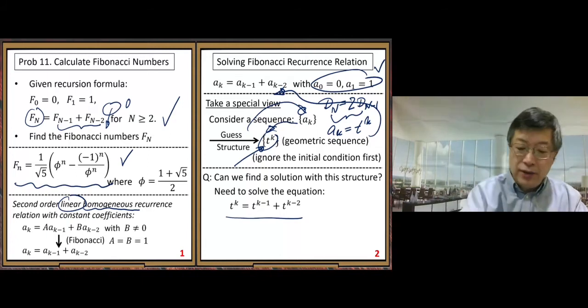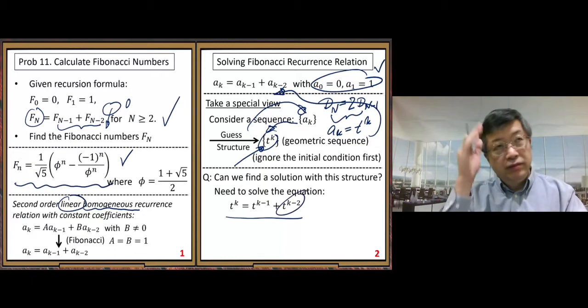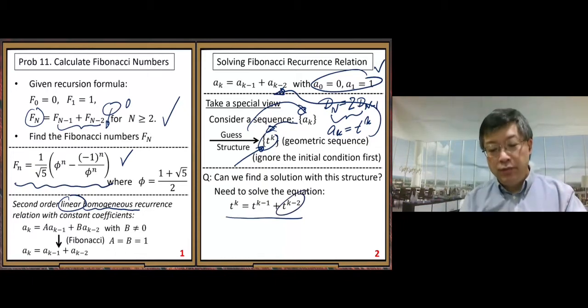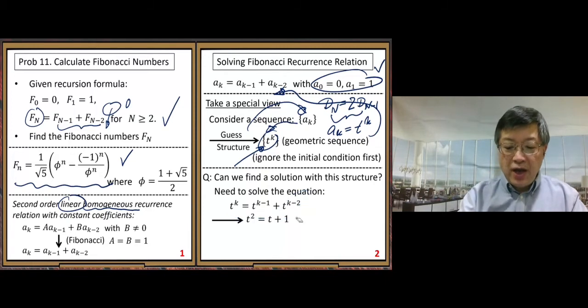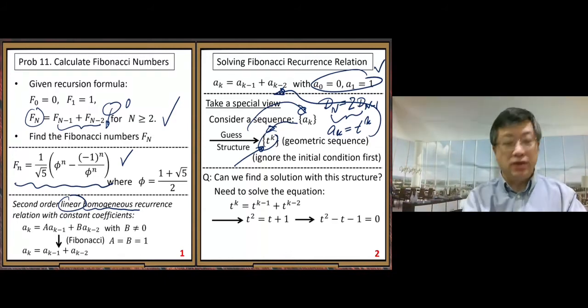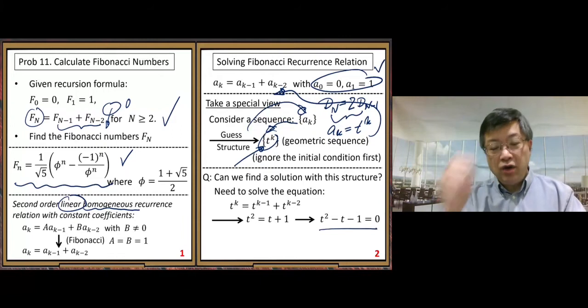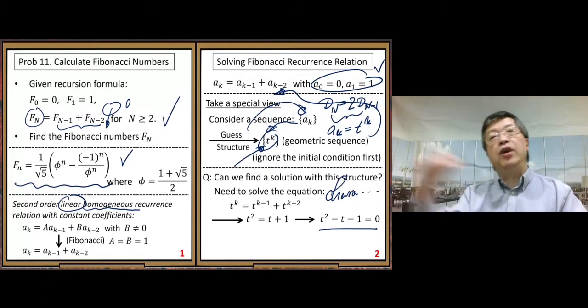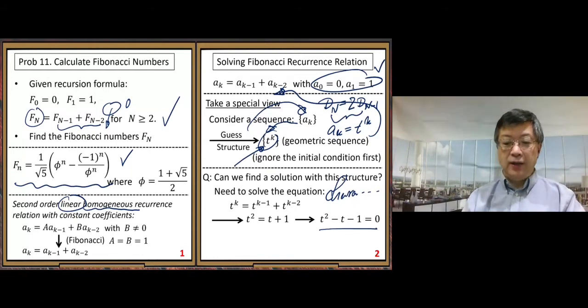You cancel out the term t to the k minus 2 power on both sides. So you get a simple equation, t squared equals t plus 1, and we call it the characteristic equation. In your discrete math, you call it the characteristic equation.